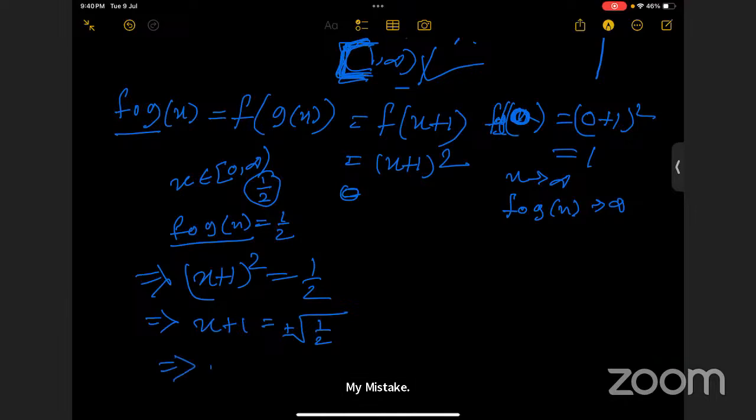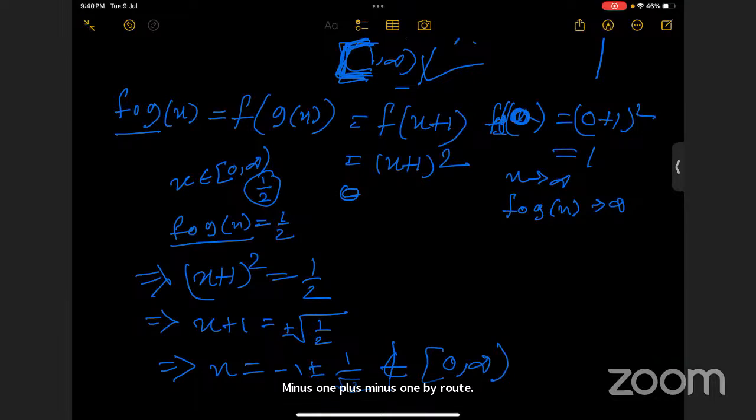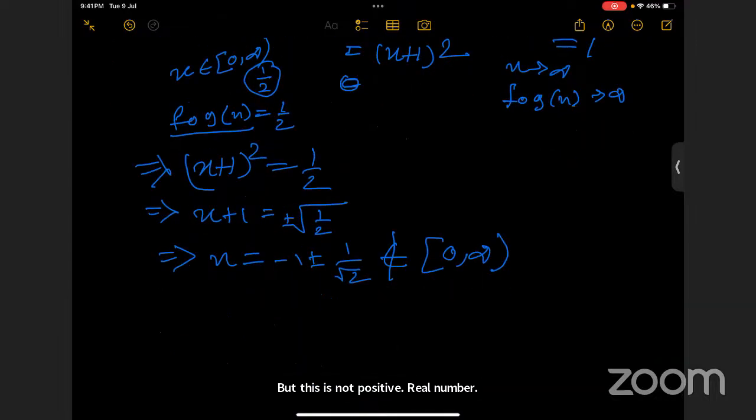Then x will be minus 1 plus or minus 1 by root 2, right? But this isn't in our domain, right? It doesn't belong to the domain. Yes, ma'am, this is a real number, but this is not a positive real number. This is a negative real number, right?